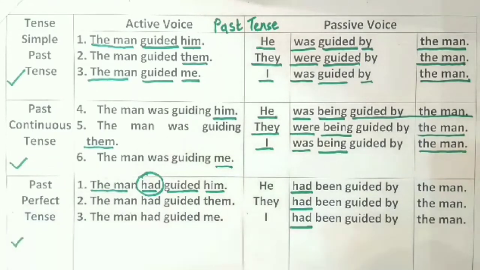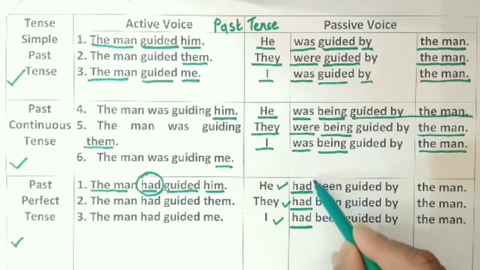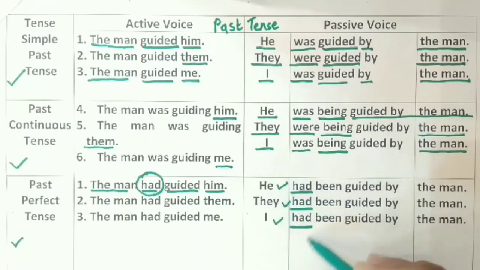But in the past perfect tense, we have only one auxiliary verb, and that is had. Therefore, let the object be singular or plural, we need to use had while converting into passive voice.